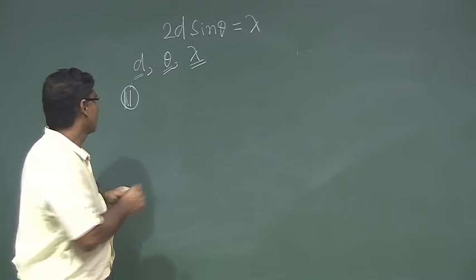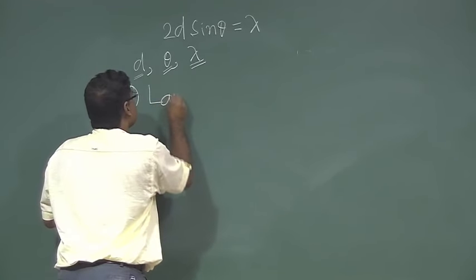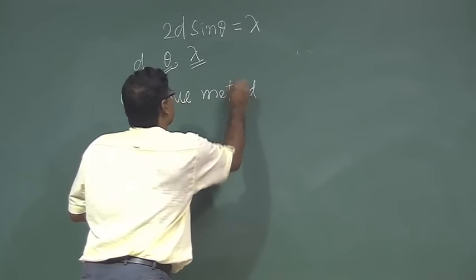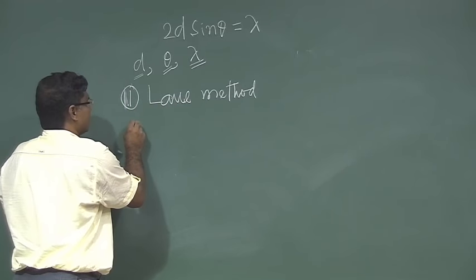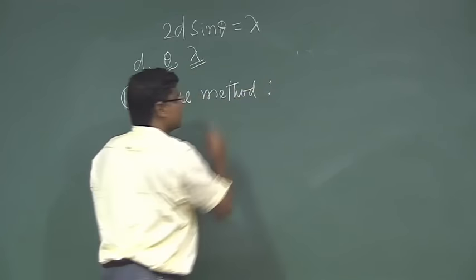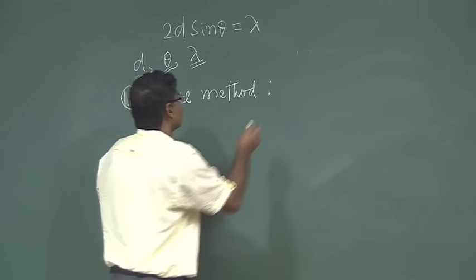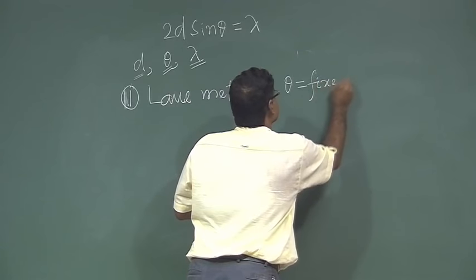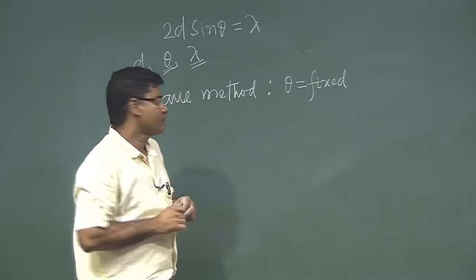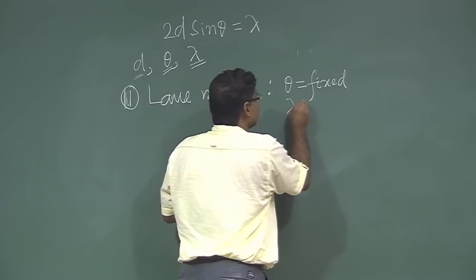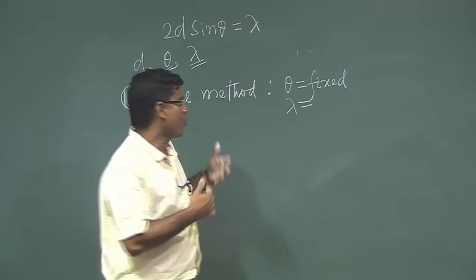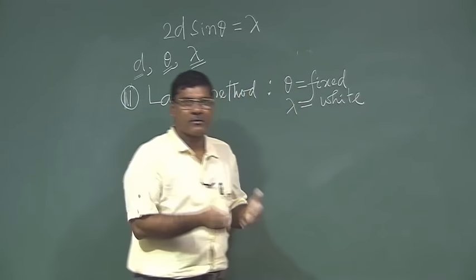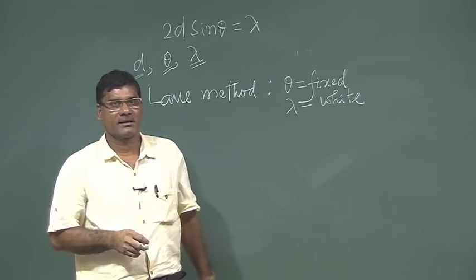Experimentally, as I told, there are three methods, or experimental arrangements. One is called the Laue method. In the Laue method, theta is fixed but lambda varies. Basically white X-ray is taken, where all lambdas are there, right.